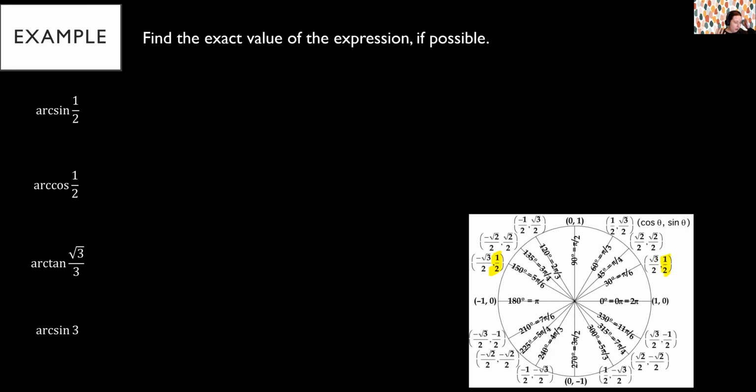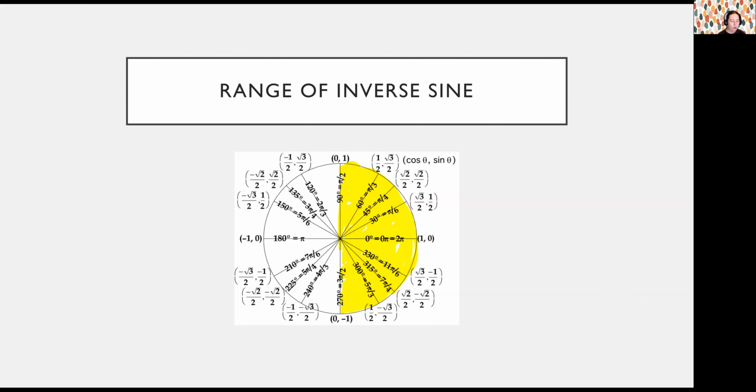And we are trying to find which one is within our domain. So if I go back to our range, our outputs for sine, because this is arc sine, we want all of our values on the right side. So that value on the left is not part of our range.